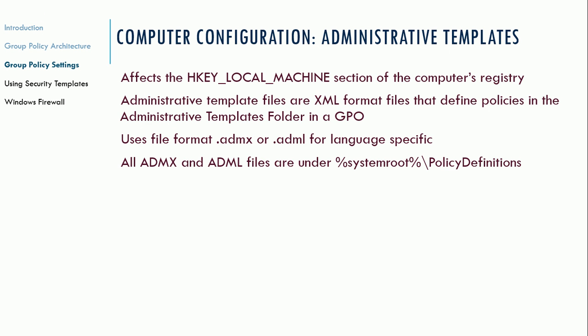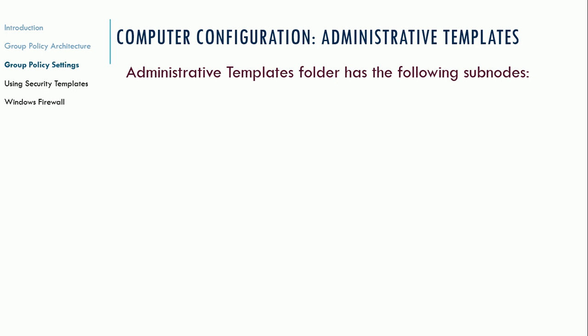So you can theoretically work with these ADMX files that store the group policy settings directly if you wanted to, without using the UI. So if you wanted to go in with a text editor and look at them and possibly make changes, although it can be a little risky sometimes if you're not sure what you're doing in there. But I certainly would encourage you to take a look at those. It gives you some idea of how they work. And again, they're really just XML files.